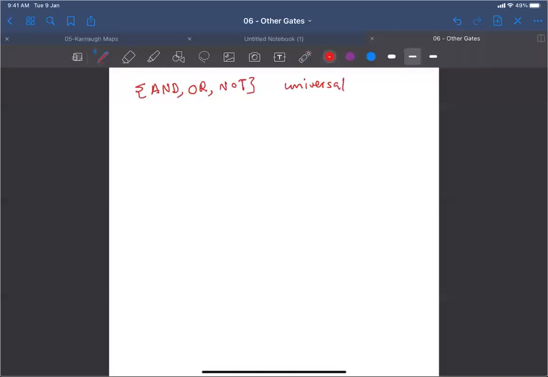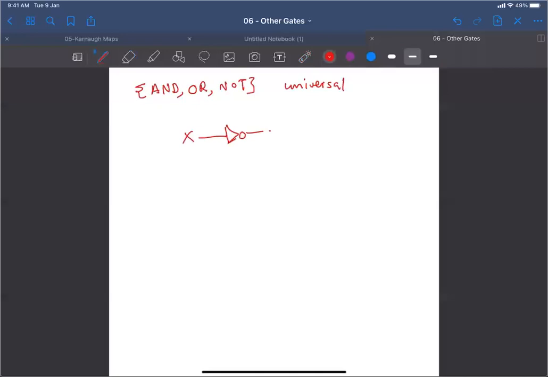So my question to you: if I drop the NOT, and you can use AND and OR as many times as you like, can you implement any Boolean function? The answer is no. For example, the simplest function is the inverter function.